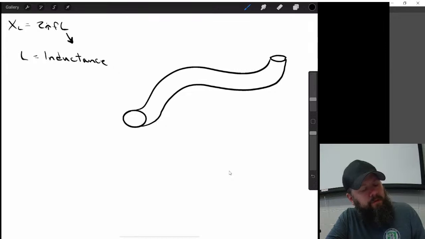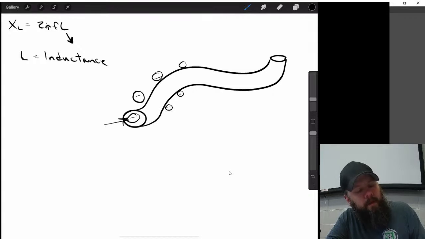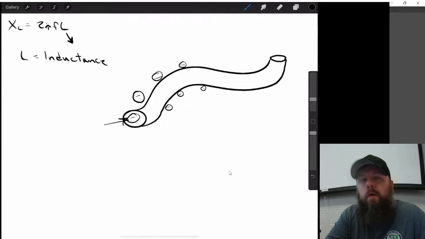So once we start putting electrons through here and we start pushing electrons out, that takes more energy than just pushing the electron through with nothing in the way.